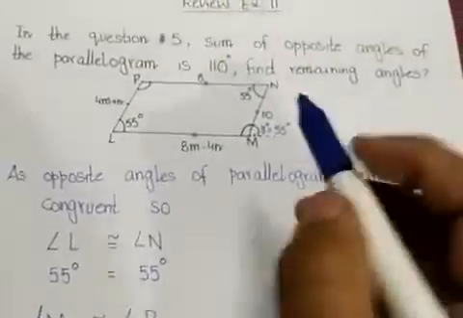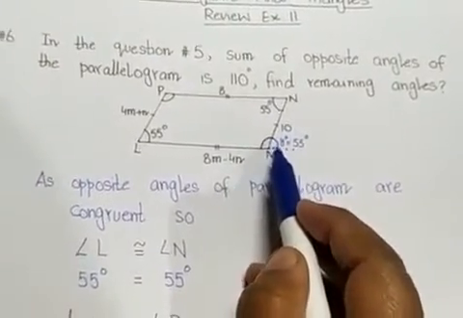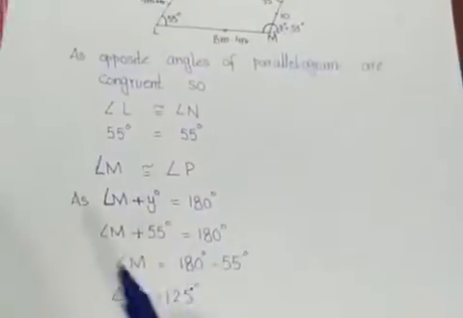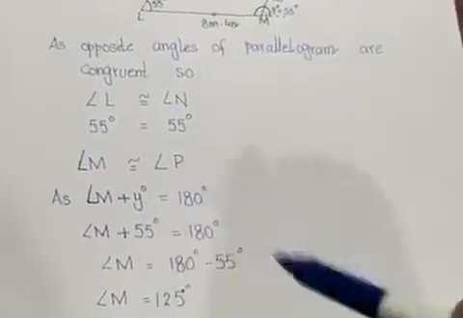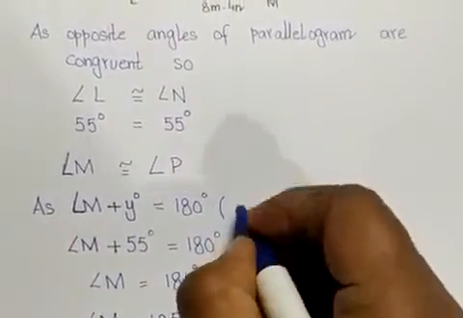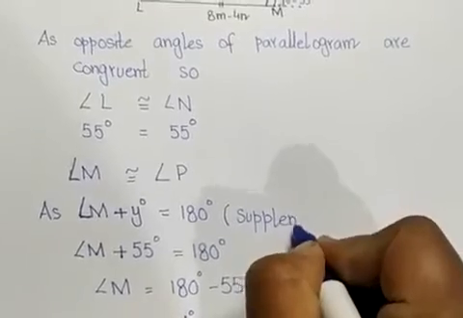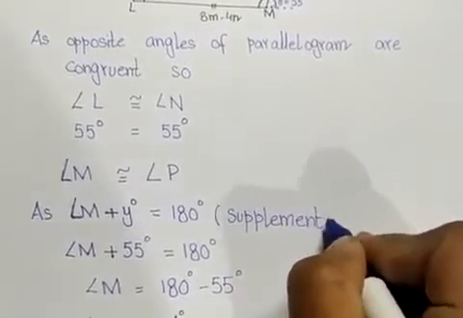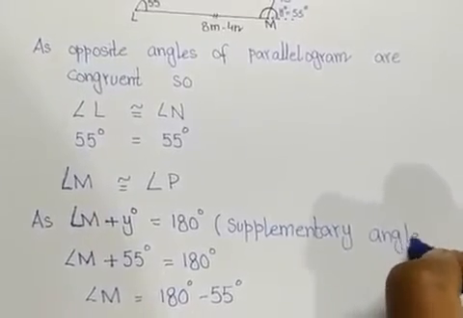So we can write angle M plus angle Y is equals to 180 degree. Here you have to write the reason. Both of them are supplementary angles. Clear? They are supplementary angles.